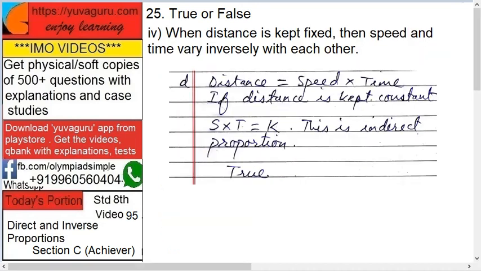Now suppose I say k equals minus 3, then x equals minus 3 into y. Let's take this example: x is 4 and y equals minus 2, then k equals minus 2.